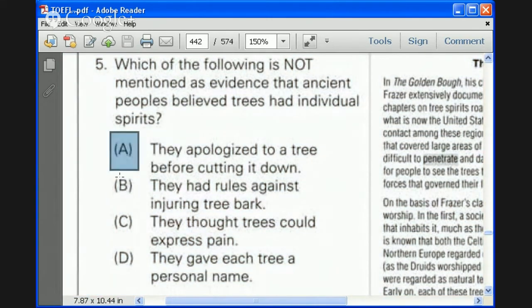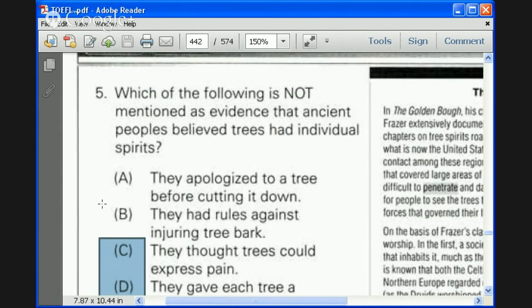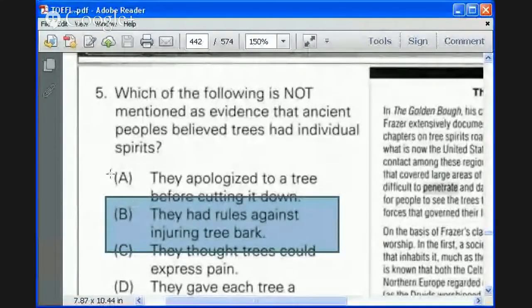Oh, I know this was in there, and I already answered a question about that one. I'm only really trying to figure out which one of these two isn't in the passage. Oh yeah, I just answered a question about this. Eliminate it. I know it's there. I just looked at it.